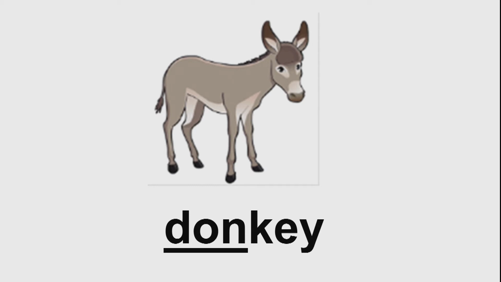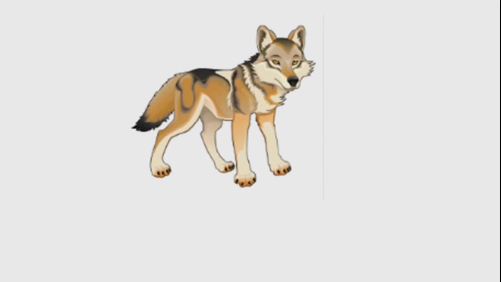D-O-N-K-E-Y. How many syllables are there? 2. Where is the stress? On the first syllable. Donkey. Okay. A wolf. Wolf. W-O-L-F.